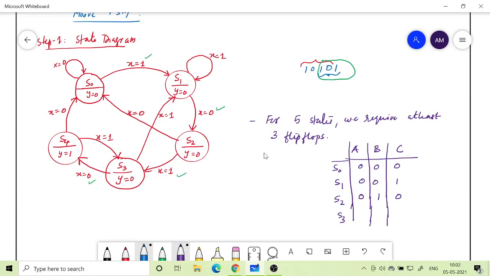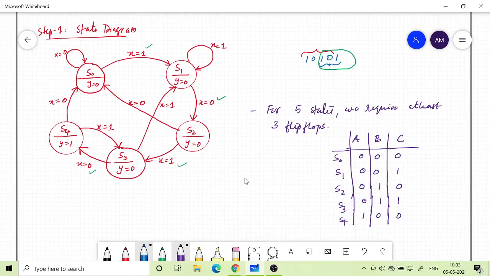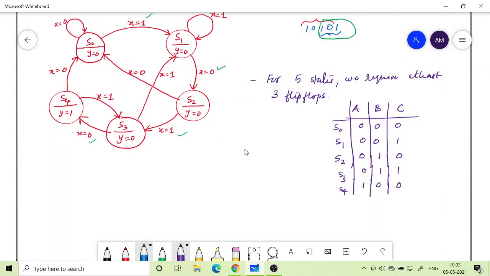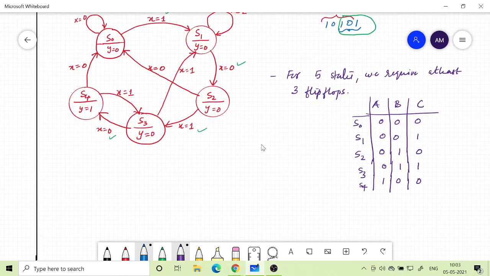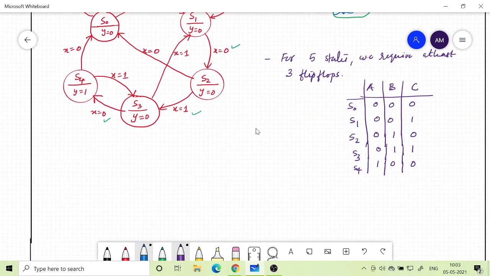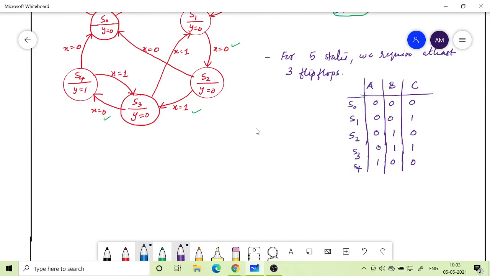Any of the distinct 3-bit combinations I can use, but let us put 011 and S4 100. So you see that the Moore machine requires more flip-flops because it requires more states, and so the design becomes slightly more complicated because of that. But the procedure is exactly the same.